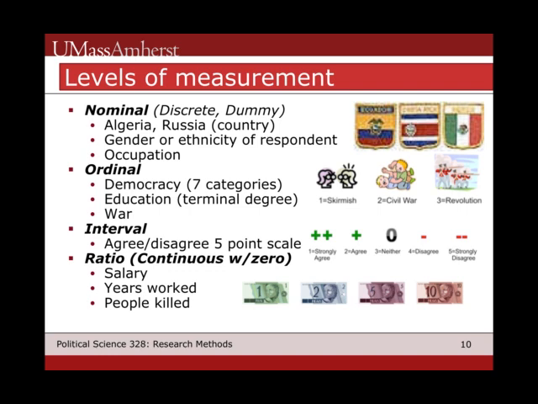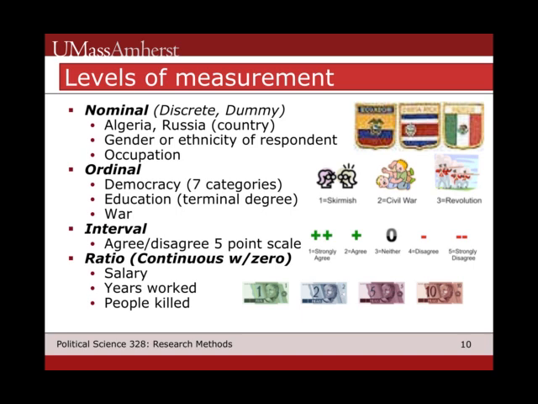Country: is this person from Algeria? Are they from Russia? Are they from the United States? Are they from the Czech Republic? In all of those cases, we aren't counting the Americanness or the Russianness of a person. We're just saying which category they belong to. So we're only classifying. Same with gender. We aren't saying some people are more male or more female, or some people are more white or less white.